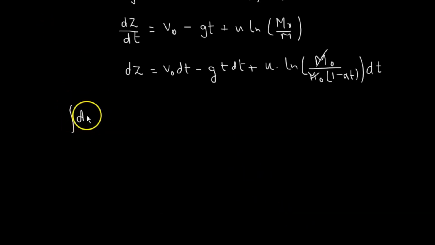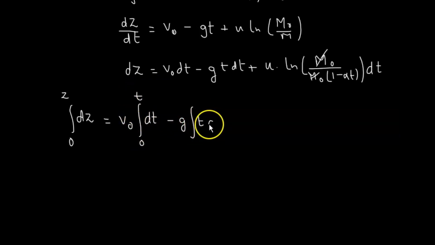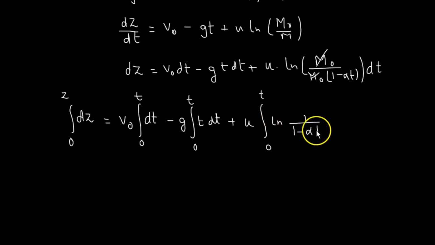So we have the integration of dz with limits going from 0 to z, equal to v naught times the integration of dt with time running from 0 to t, minus g times the integration of t dt, limits going from 0 to t, plus u times the integration from 0 to t, integrating with respect to time t, of natural log of 1 over 1 minus alpha t dt.